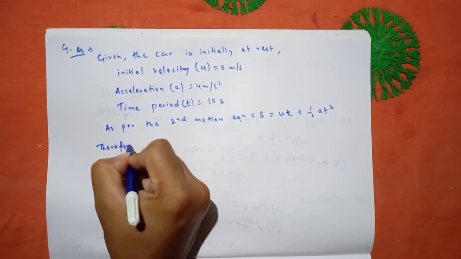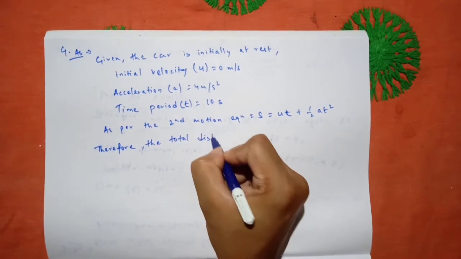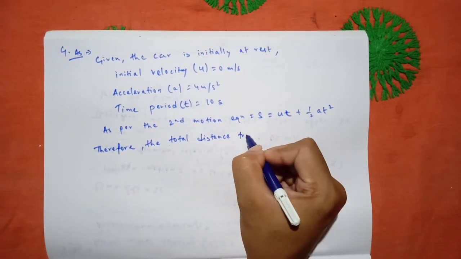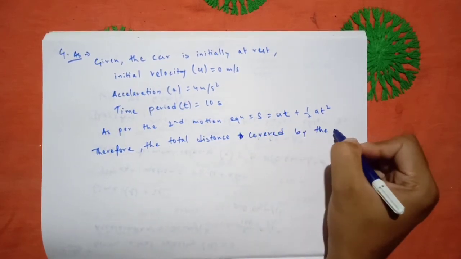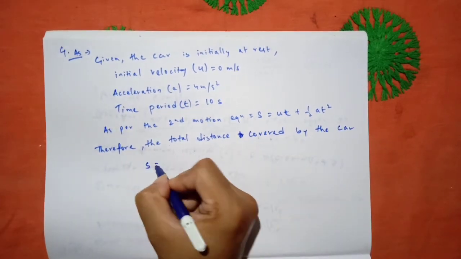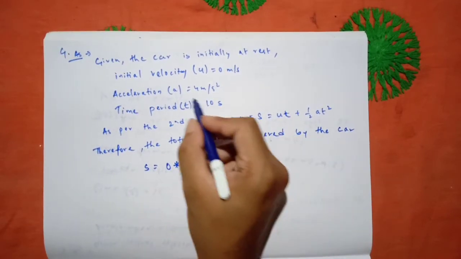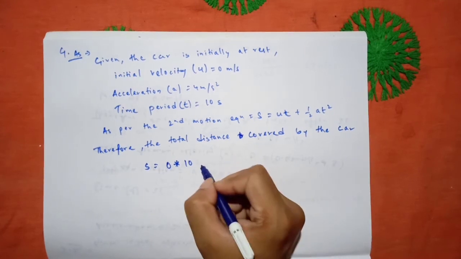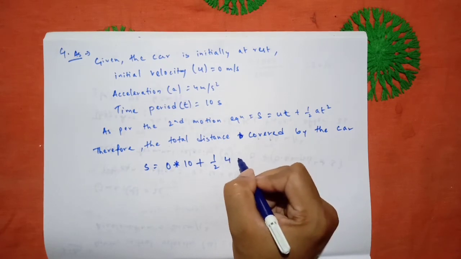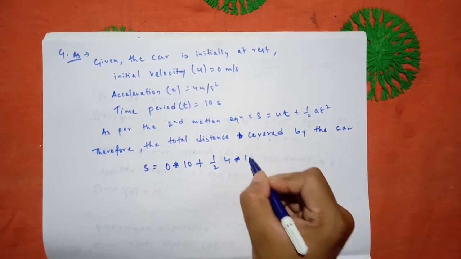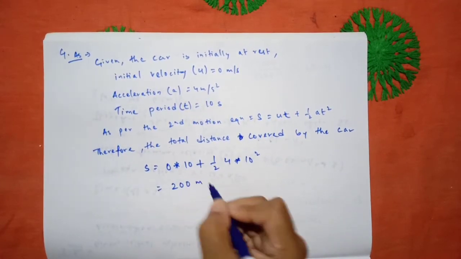Therefore, the total distance traveled or covered by the car will be S equal to u, u is 0 multiplied by t, t is 10. Then plus half, acceleration is 4 multiplied by time, which is 10 square. Now this answer comes here is 200 meters.